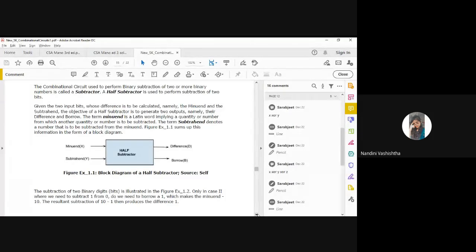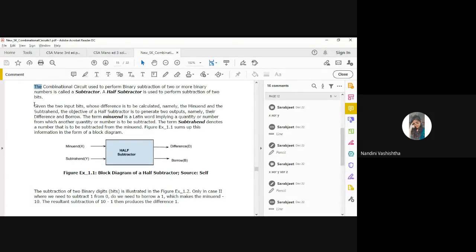Read from here, the definition of a half subtractor. The combinational circuit used to perform binary subtraction of two or more binary numbers is called a subtractor.